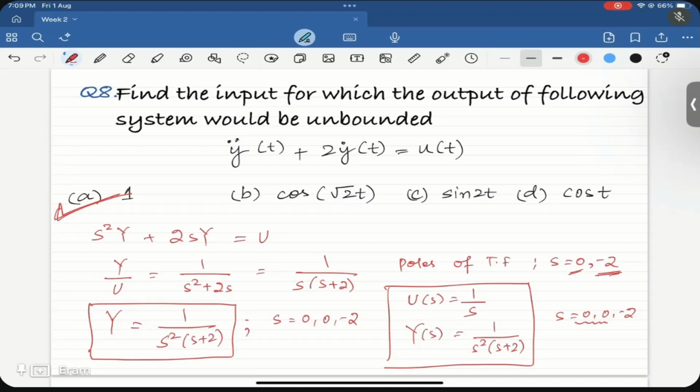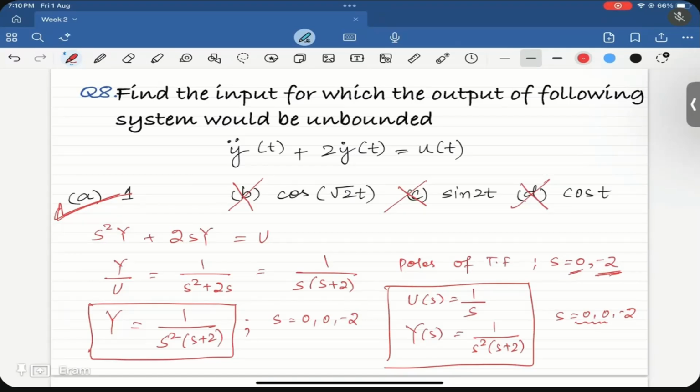So we will have one pole at the origin, another at -2 and another at plus minus root 2j. So there are no repeated poles. So this option will not make the system unbounded. What about sin 2t? Similar thing. What about cos 2t? Similar thing. Okay. So in this case, option A is correct.